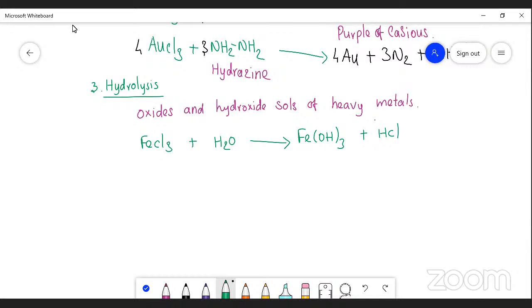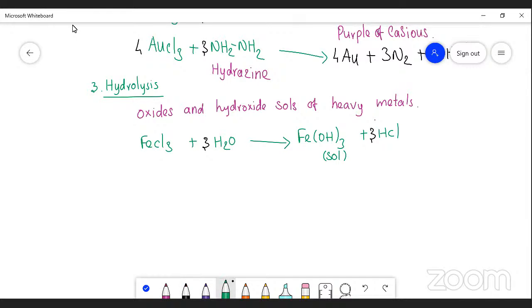This ferric hydroxide is a hydroxide salt prepared by hydrolysis. Balancing the equation, 3 OH is utilized, so 3 molecules of H2O are used and 3 molecules of HCl are removed. In the same way we prepare chromic hydroxide and aluminum hydroxide.